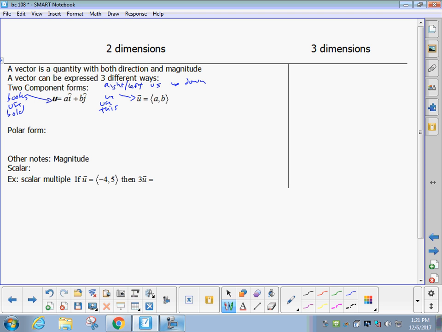But either way, those horizontal components could be written one of 2 ways: I hat, J hat, or what I typically call component form. It's got these pointy parentheses. Make sure they're pointy, not rounded, so it doesn't look like a point. In both cases, they're horizontal, vertical.